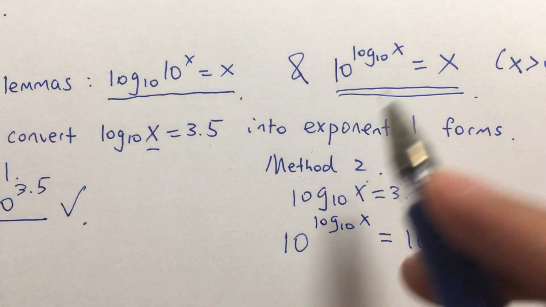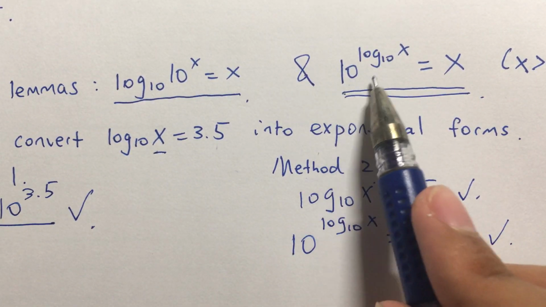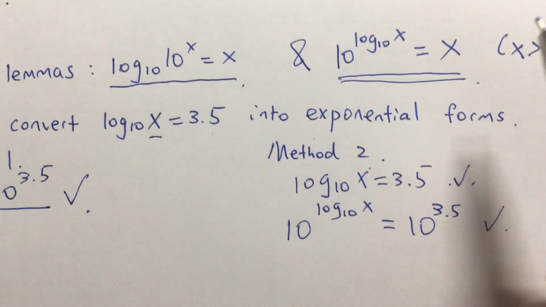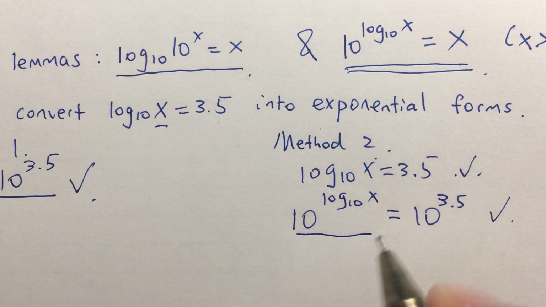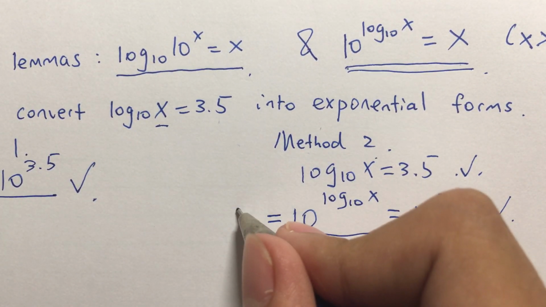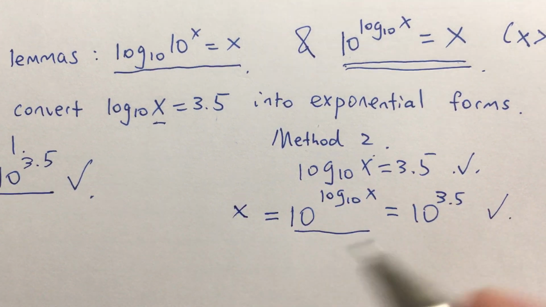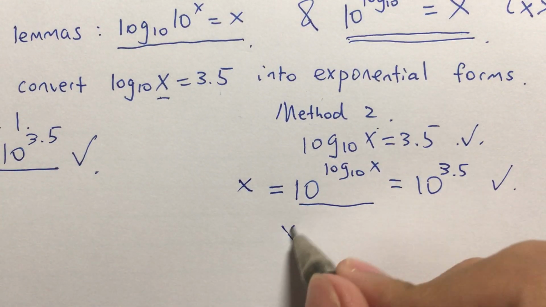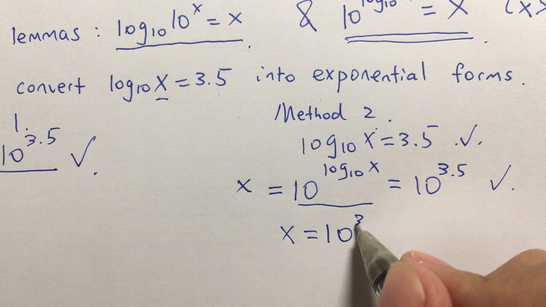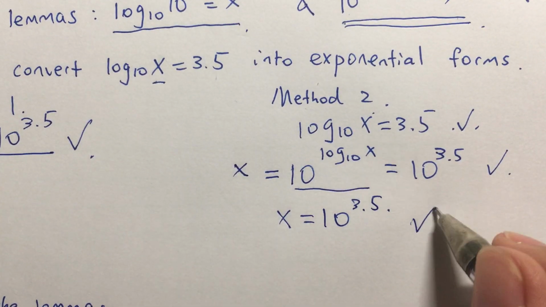And now let's look at this lemma, which is 10 to the power of log base 10 of x equals x. So now this can be substituted into x, which means x equals 10 to the power of 3.5, and we solve this.